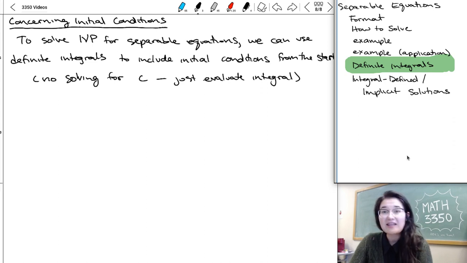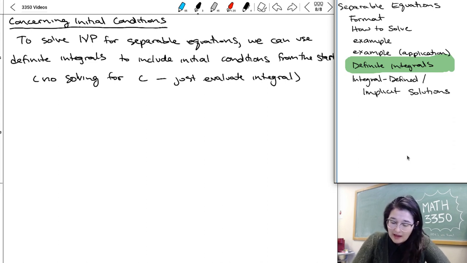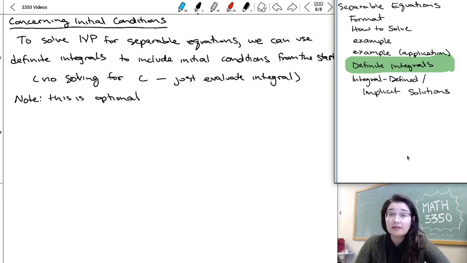What that means is that you won't be solving for C in step 3, you're actually just going to be evaluating the definite integral. And then just to be super clear, this is optional. Some people find it convenient, but some people really dislike it.